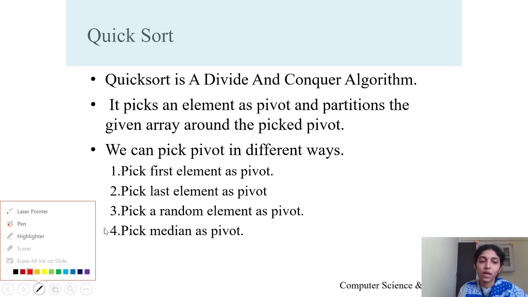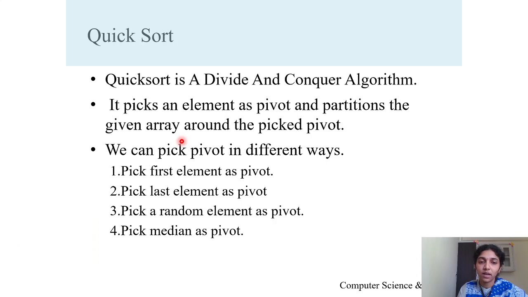We can pick the pivot in different ways: you can pick the first element as pivot, the last element, a random element, or the median. Depending on how you write the program, you can pick any element as the pivot.